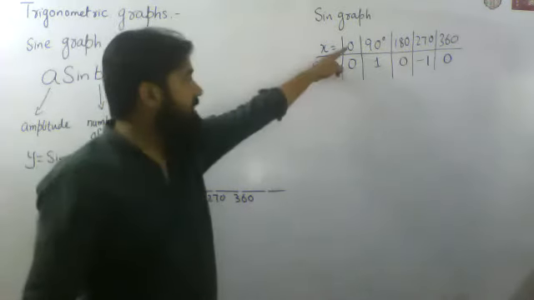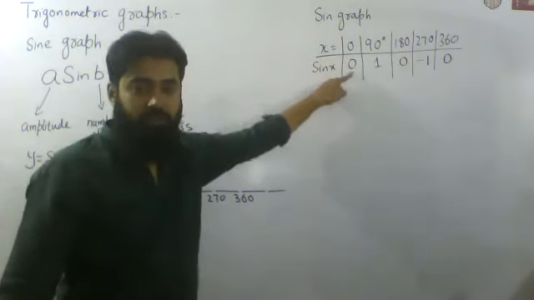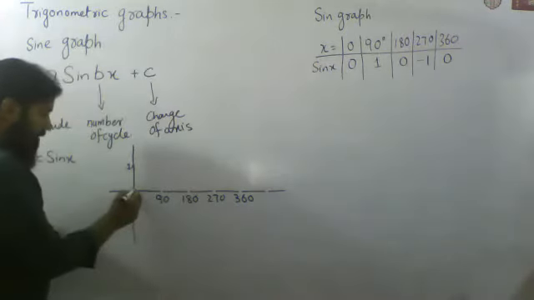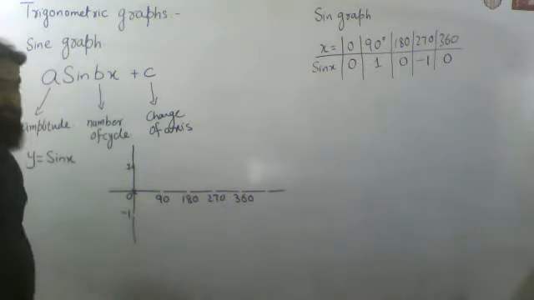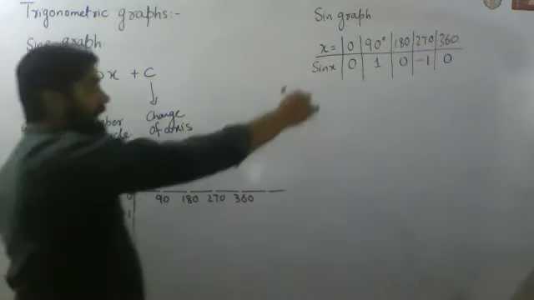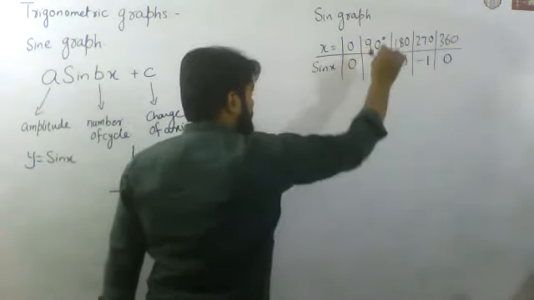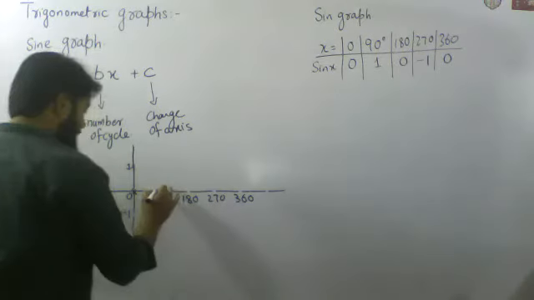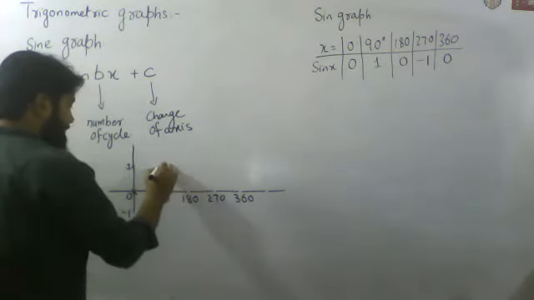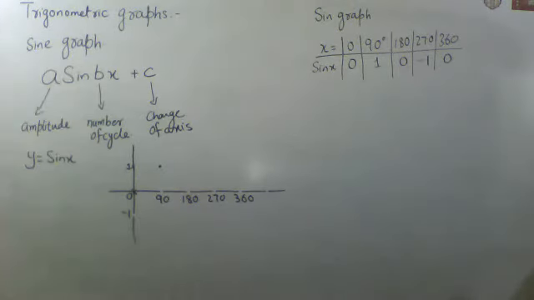Now at 0, the value is also 0. At 90 degrees, the value is 1. Right?